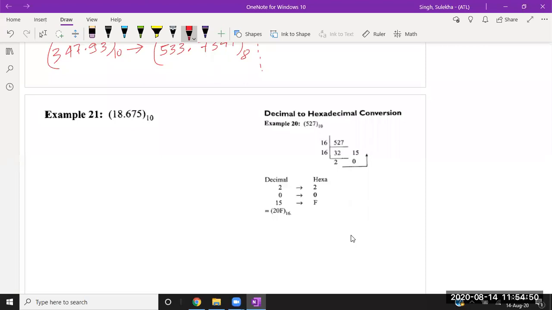For the fractional part, you need to deal in the same way. For the integer part, you need to deal in the same way. But remember, this method is applicable whenever you are converting decimal to any base. Is that clear? Okay, so solve this question.